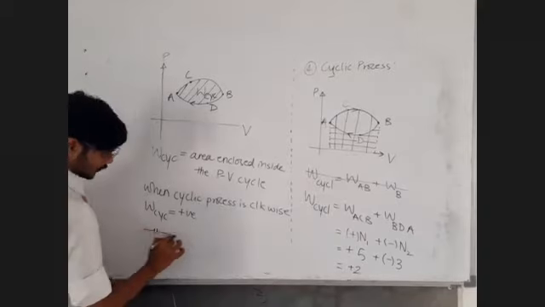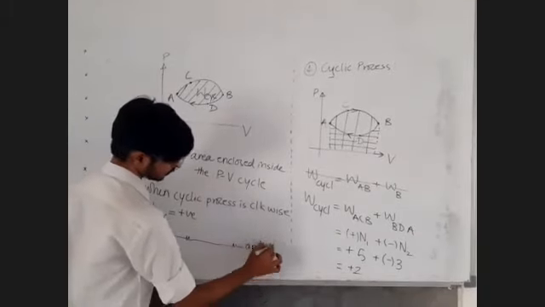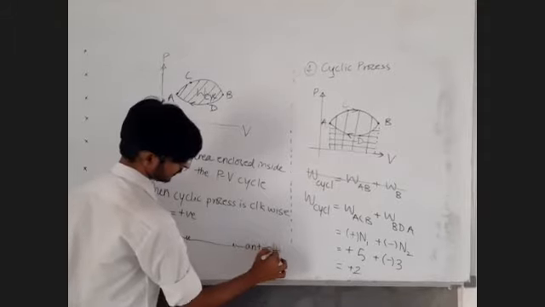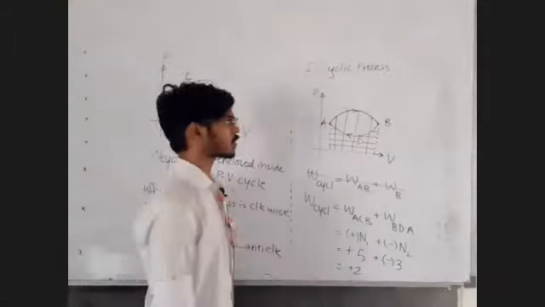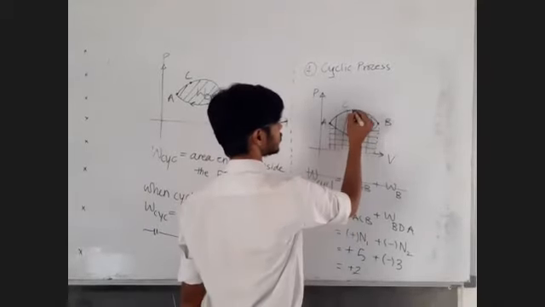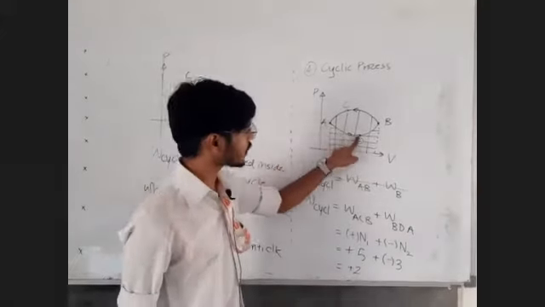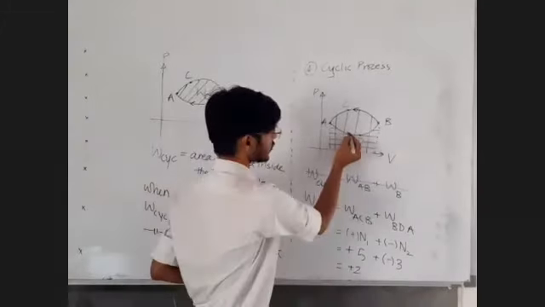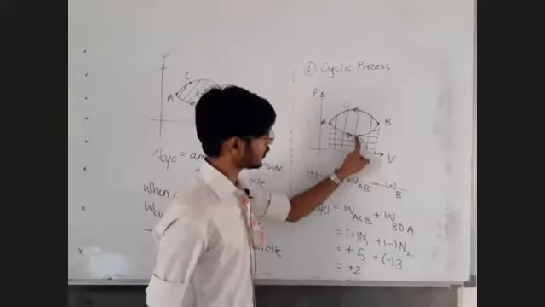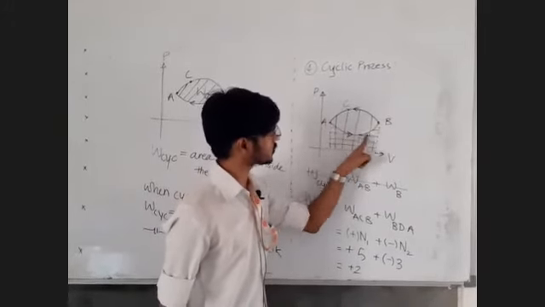And similarly, when the cyclic process is anti-clockwise, what will happen? Just try to observe here, don't change the diagram. In case of an anti-clockwise process, positive work will be less, because work done in expansion is positive. You will get a smaller positive number.